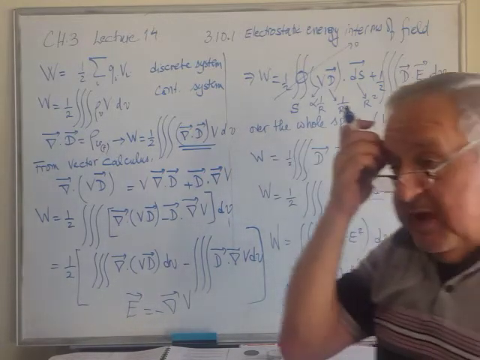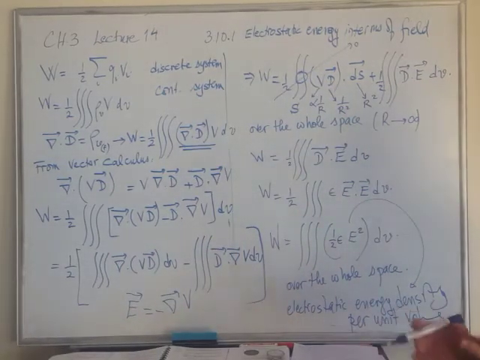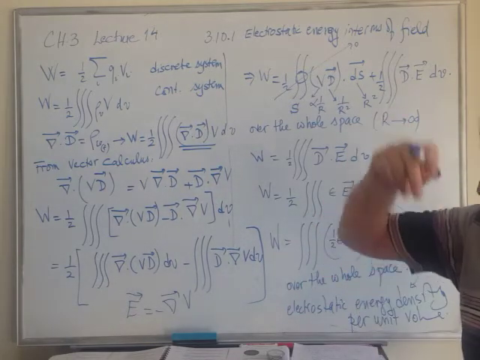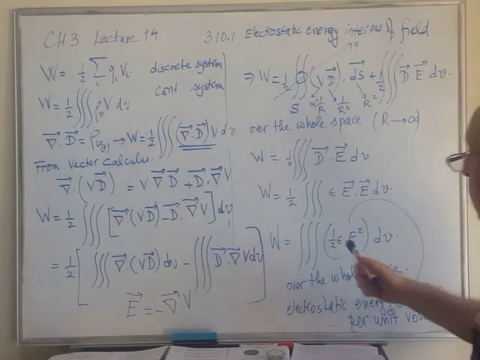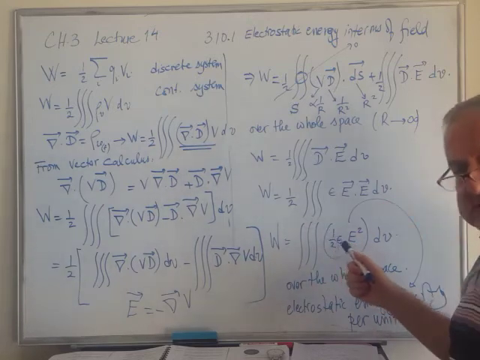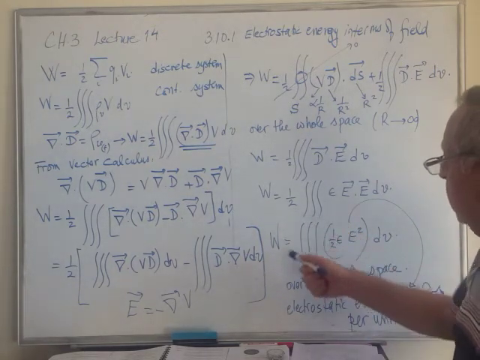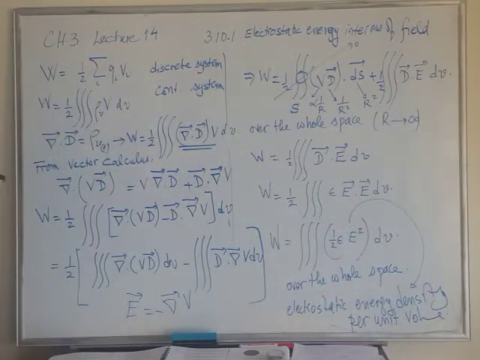Okay? So whenever you have any distribution of continuous charge and you have the field, you know the field due to this distribution, at points inside the distribution and at points outside as well, you have to integrate this over the whole space, inside and outside the charges, in order to find the total energy. While here, the integral is only carried out over points where the charges exist, because you have a rho v.